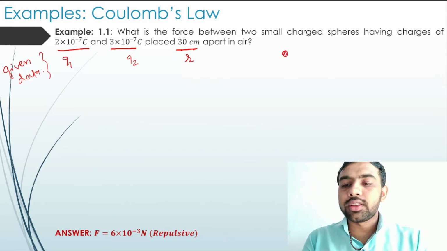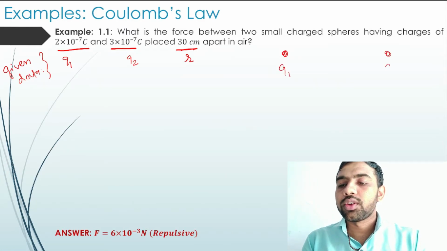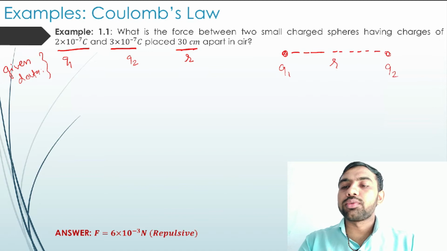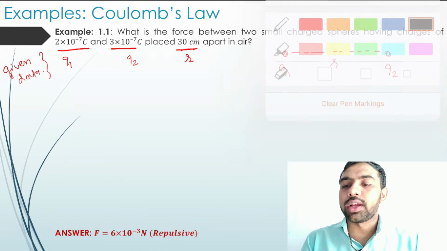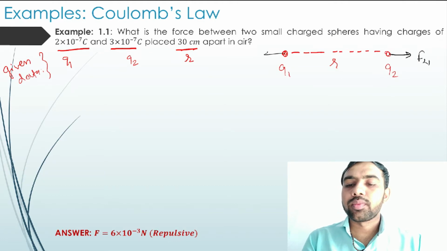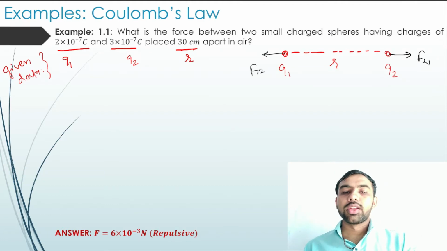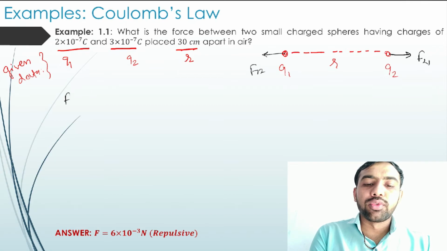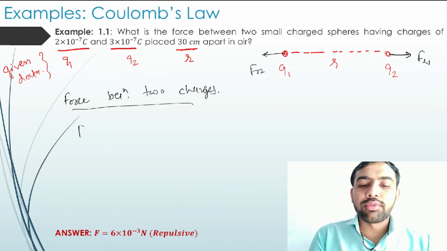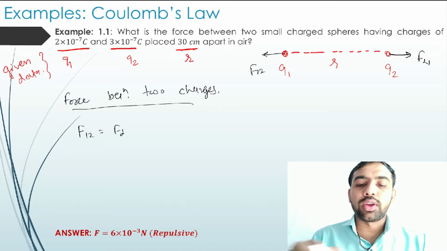So let's consider this is Q1, here somewhere is Q2, and the distance between them is R. Then we have to find the force between them. Consider the force F21 is here and F12 is here. The force between two charges, F12 is equal to F21.